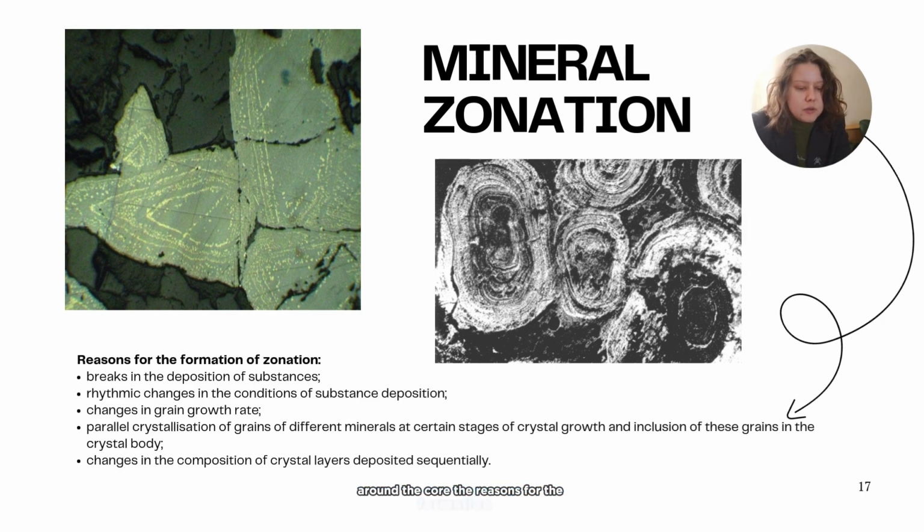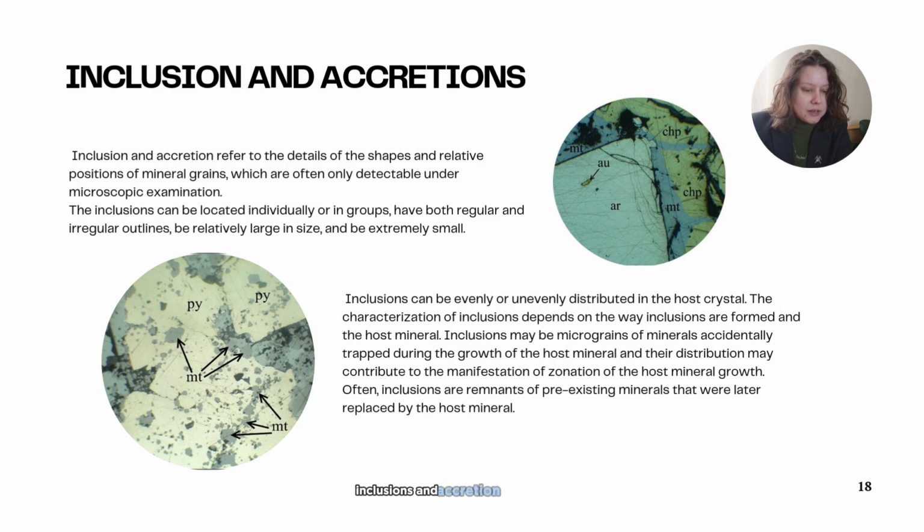The reasons for the formation of inclusions and accretions refer to the details of their shapes and relative position of mineral grains, which are often only detectable under microscopic examination.